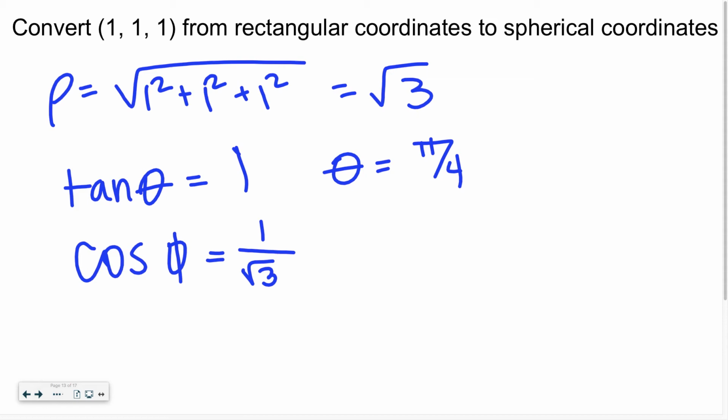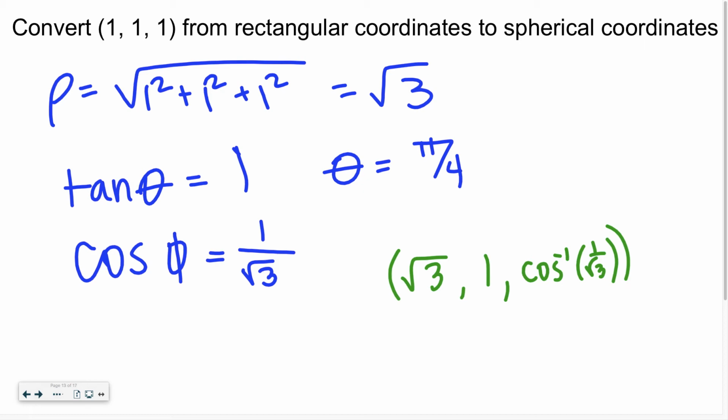That's the arc cosine, wouldn't it be? Oh, yeah, sorry. It's the same thing as the arc cosine of 1 over radical 3. So our coordinate is radical 3, comma pi over 4, comma whatever the inverse cosine of 1 over radical 3 is. You can put it in your calculator if you want to give me the radians.